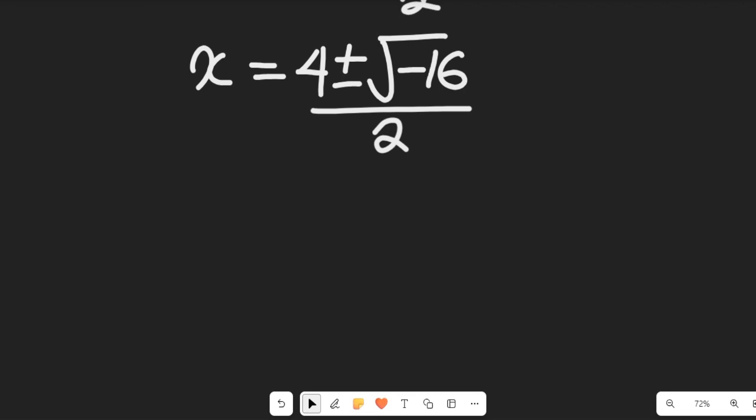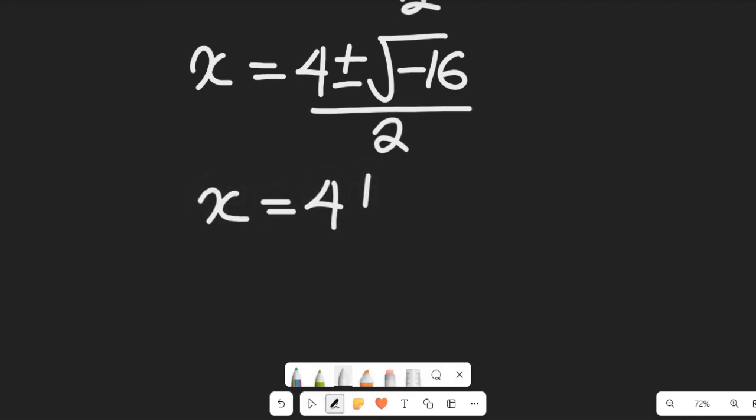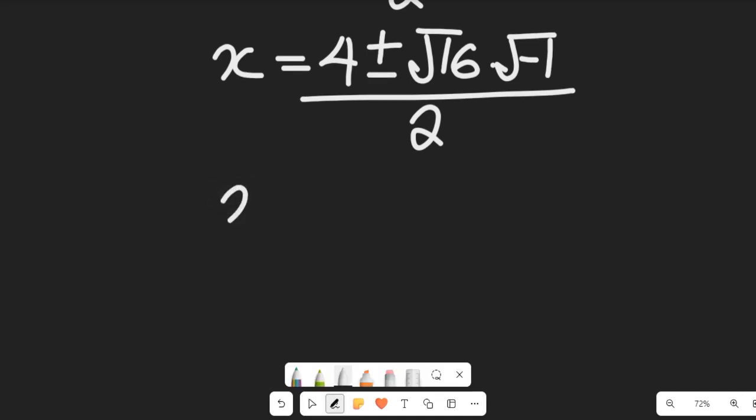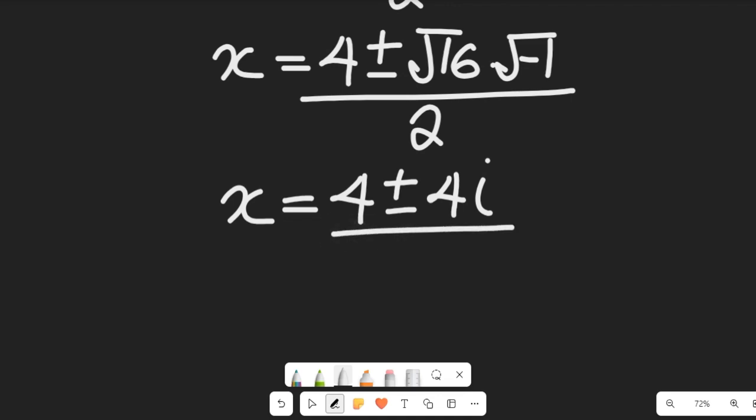So the value of our x will now be equal to 4 plus or minus the square root of 16 multiplied by the square root of negative 1, all of these divided by 2. What do we have? We have the value of our x equal to 4 plus or minus the square root of 16, which gives us 4, and the square root of negative 1 gives us j, and all these will be divided by 2, as a complex number.